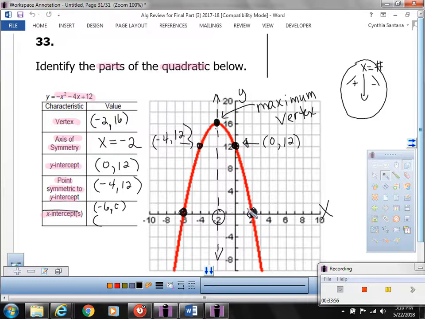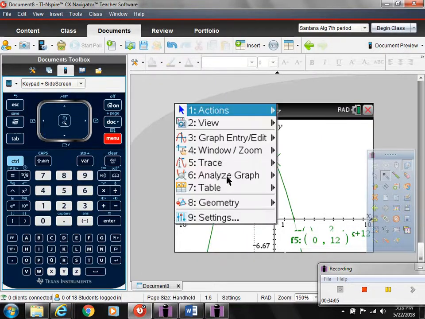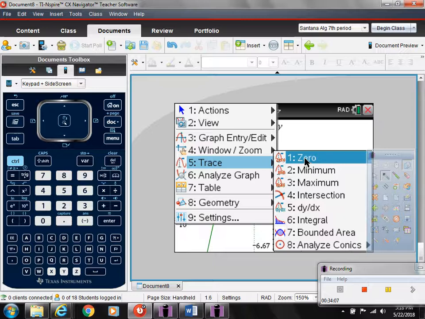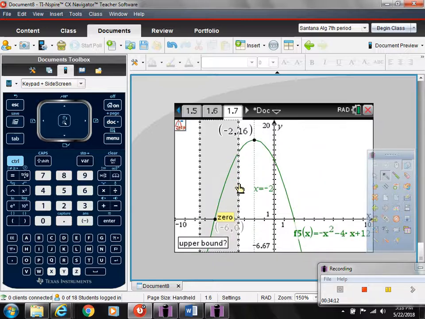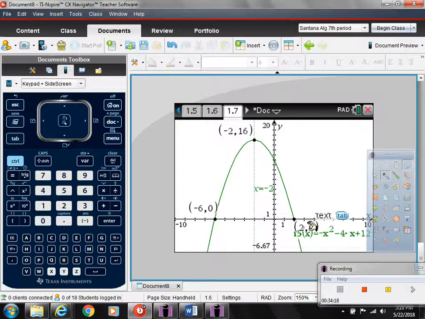And the other one happens to be at 2, 0. And again, you could find these in the calculator as well by doing a menu 6-1. Calculator calls them zeros instead of x-intercepts. So there's one of them. I'm going to do it again to find the other one. There you go. And I am correct again.